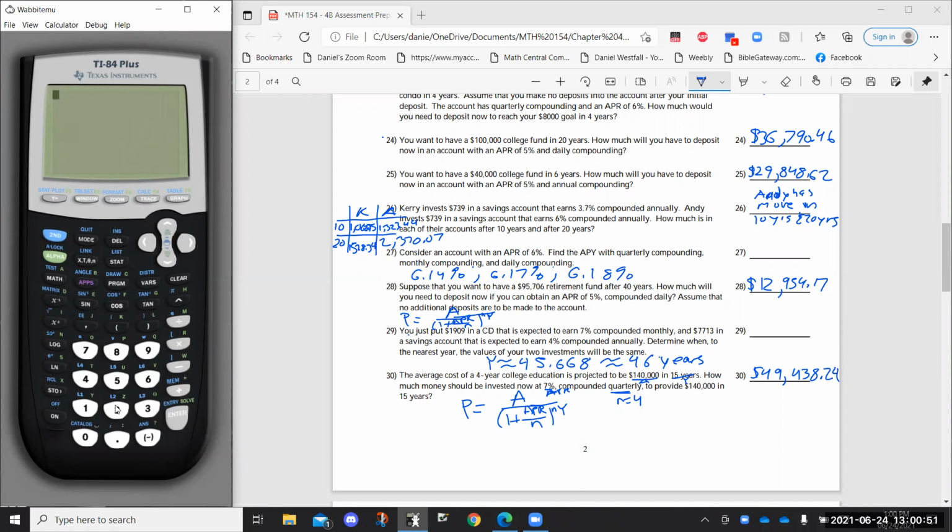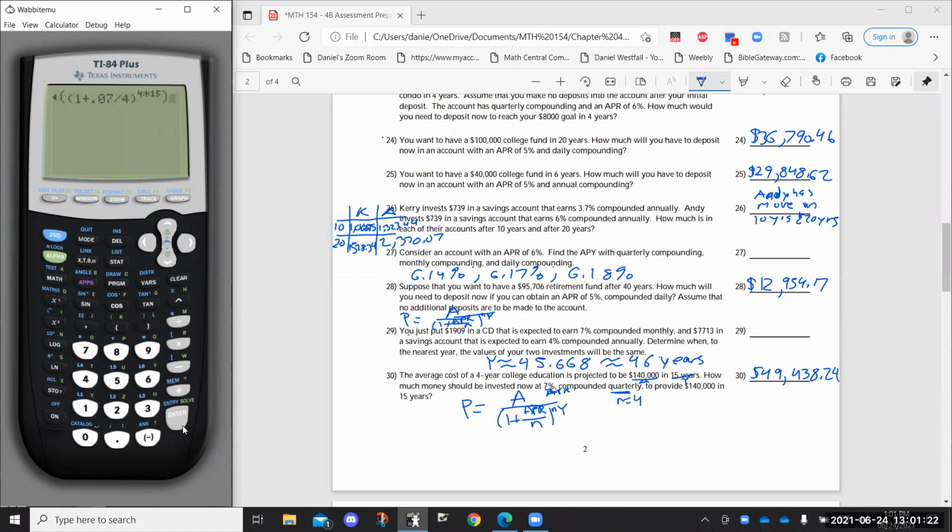So this is going to be 140,000 divided by, open parentheses, and I'm just going to do this just to be sure, 1 plus the APR 0.07 divided by quarterly 4 raised to the 4 times 15.